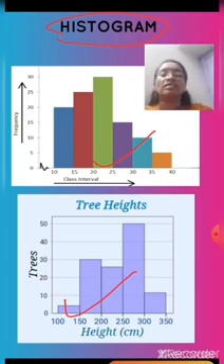Measures of central tendency is also in your text, but that is also deleted. So this much only you want to study in this chapter: graphical representation, bar graph and histogram, tabular representation of data, and collection of different types of data.